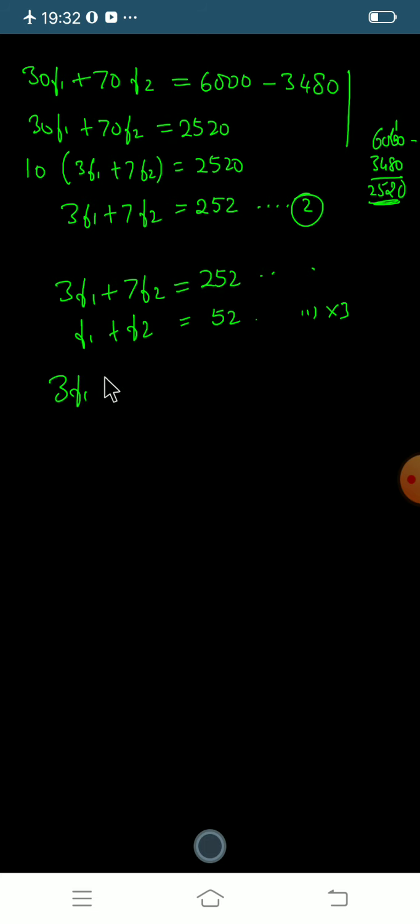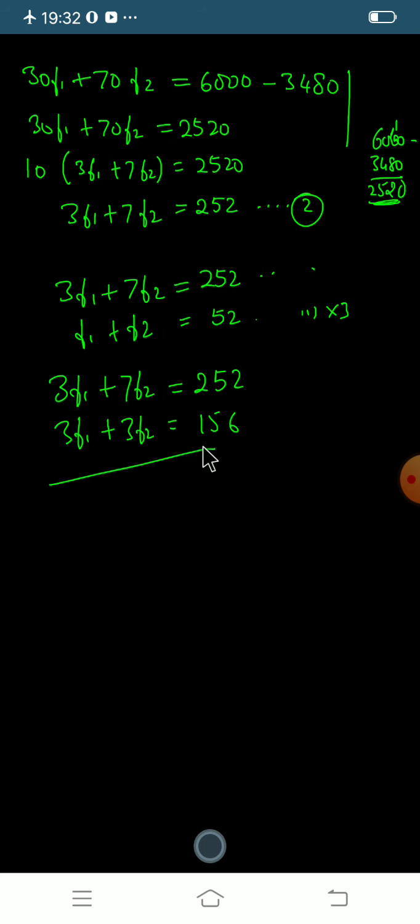What happens? Let us write the second equation as it is. 3F1 plus 7F2 is equal to 252. Now here 3 into F1, 3F1 plus 3F2 is equal to 52 into 3, which is 156. So now let us subtract.